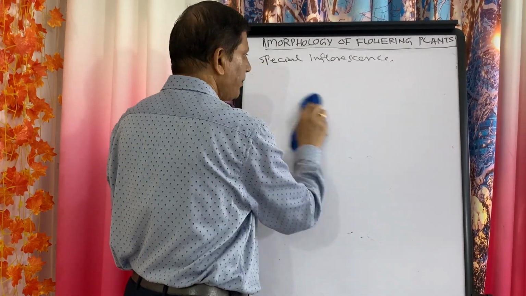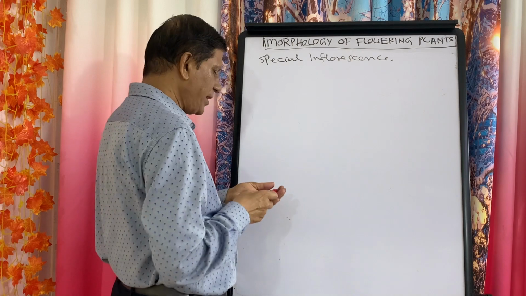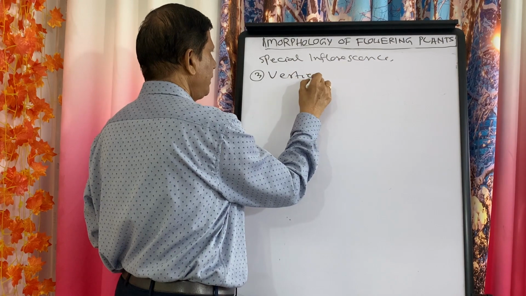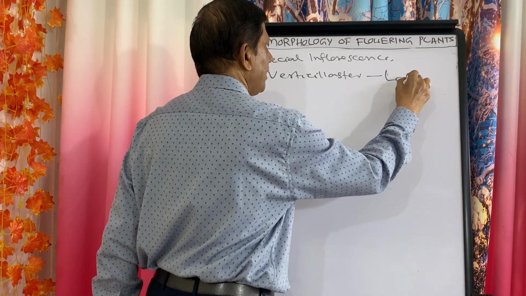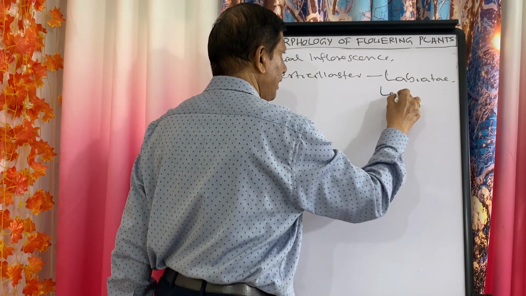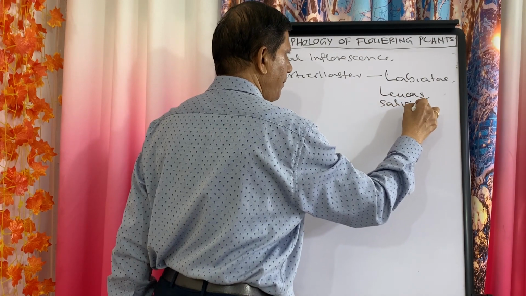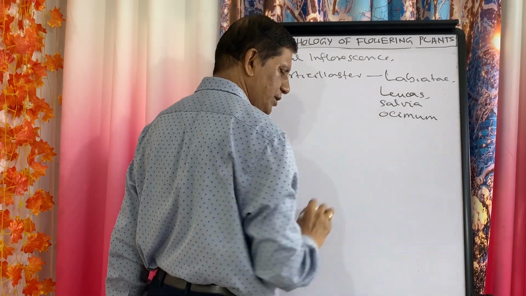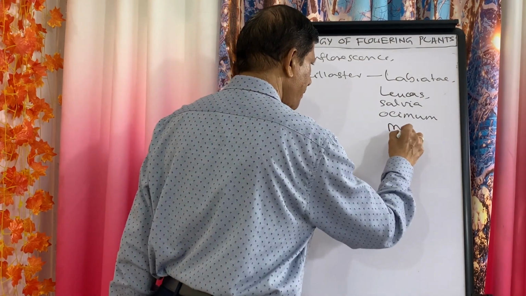The verticillaster type of inflorescence is a character of family Labiatae, to which usually the leucas, then the salvia, and also ocimum, that is tulsi, belong. You will find it in all these cases, and it is also found in case of mentha.